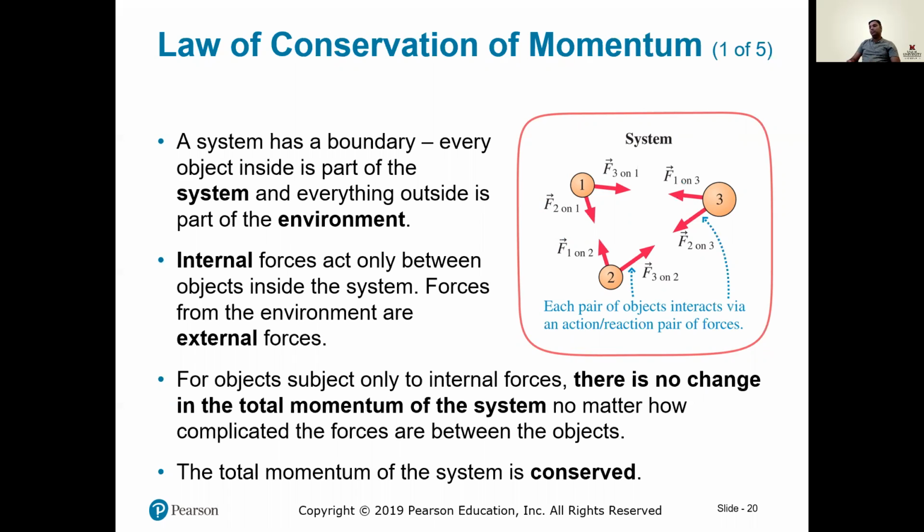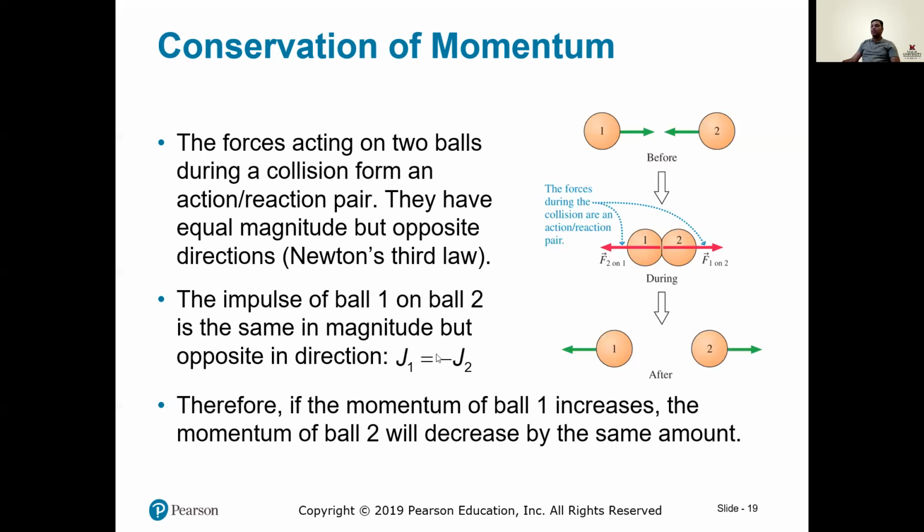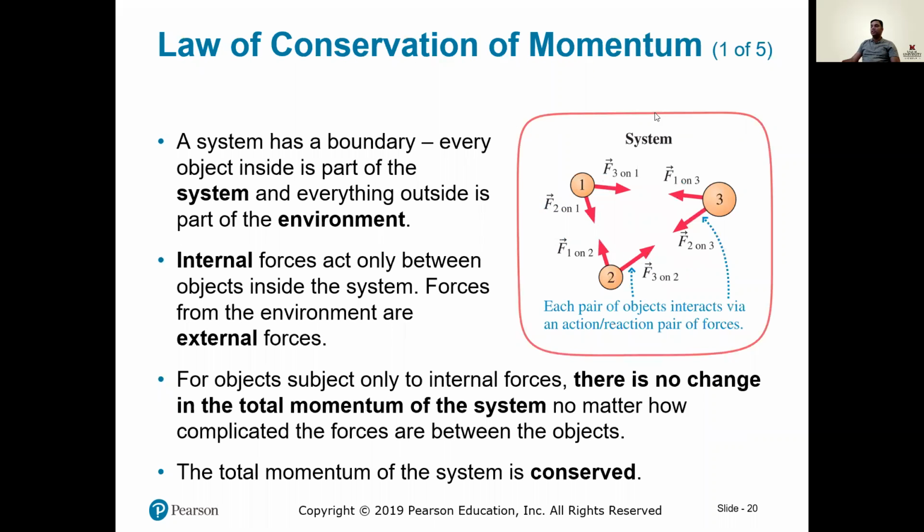Now here we have to start talking about a system and its boundary, just like the force problems. You have objects 1, 2, and 3, just interacting with each other and there is no external force. So you can call this an isolated system.